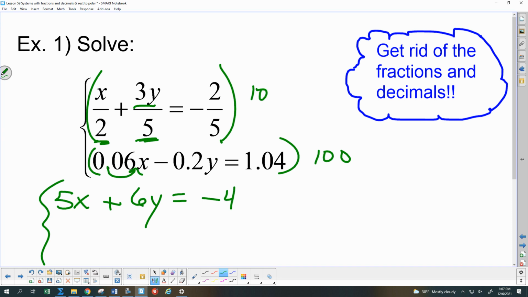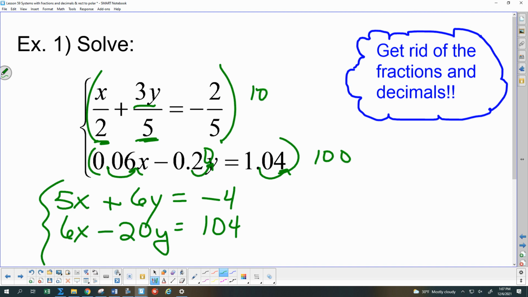So move that 2 places, and I have 6x. This one I have to be careful on. I have to put the 0 placeholder in there, so that when I move that one 2 places, I have minus 20y. And then this one, when I move it 2 places, I have 104. So now I have a system with integers.